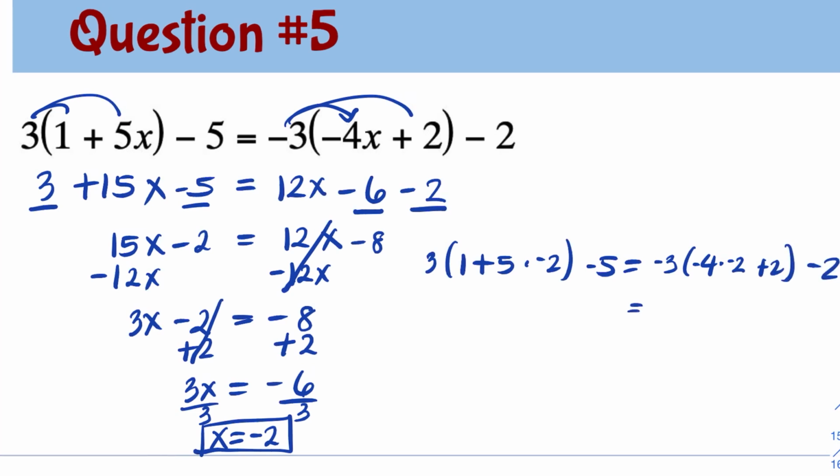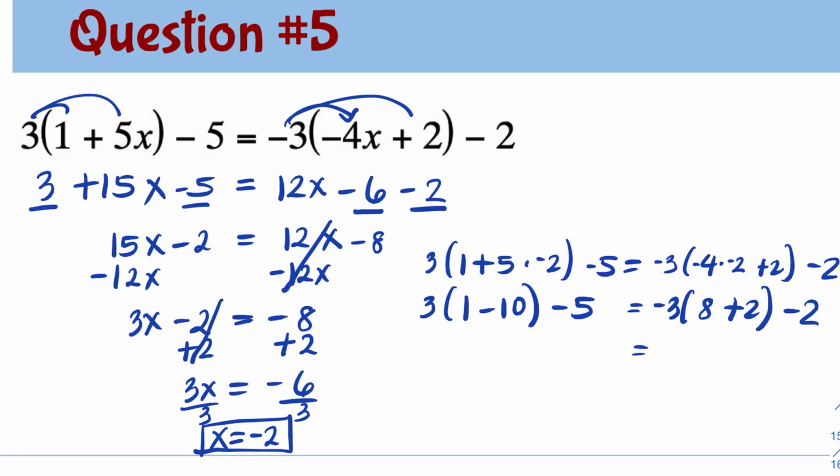So using the order of operations, we have 3 times 1 plus negative 10, which is minus 10, and then we have minus 5. For the right side, we have negative 3, negative 4 times negative 2 is 8, then we have 8 plus 2, we have minus 2.